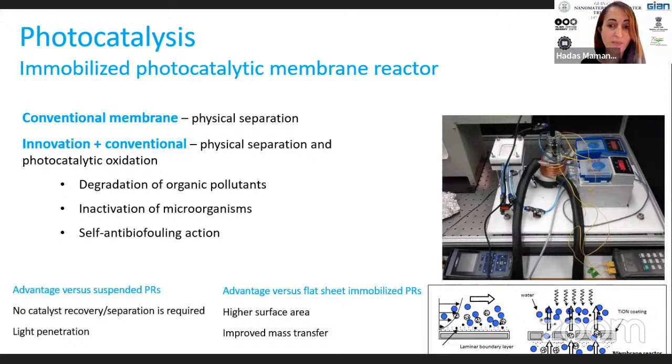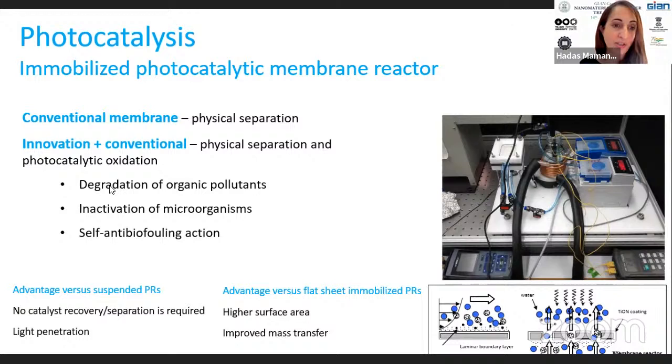However, upon coating polymeric-based membranes, of course, there's an issue of degradation of the membranes, unless it is done in a way that the catalyst will absorb only visible photons, and maybe in that way we'll have less degradation of these polymer-based membranes.